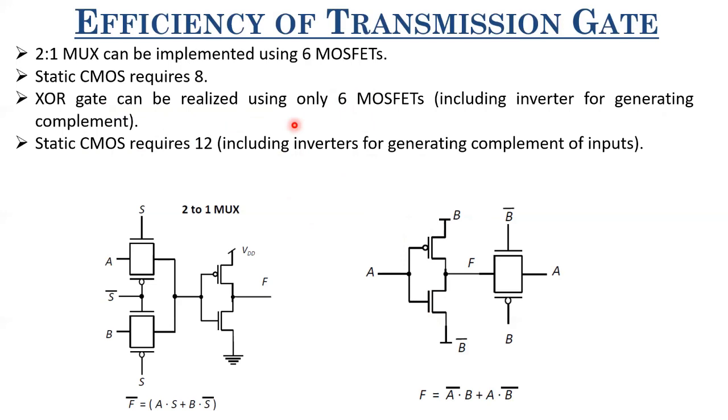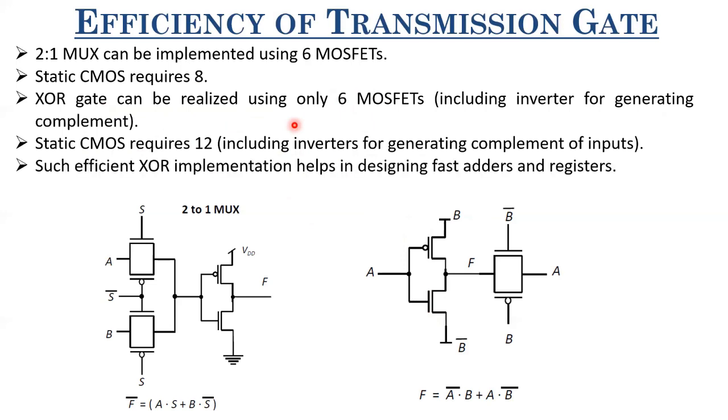So you look at the efficiency of this transmission gate. And XOR is kind of an inherent component, the adders or registers use XOR a lot. I mean, full adder, it's basically A XOR B XOR C input, where C in is the carry. So such efficient XOR gate implementation using transmission gate helps you to design fast adders.